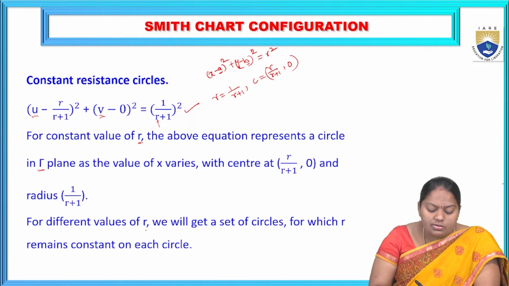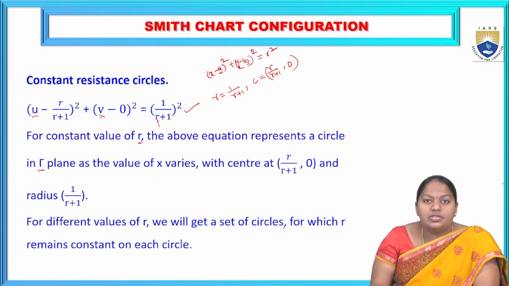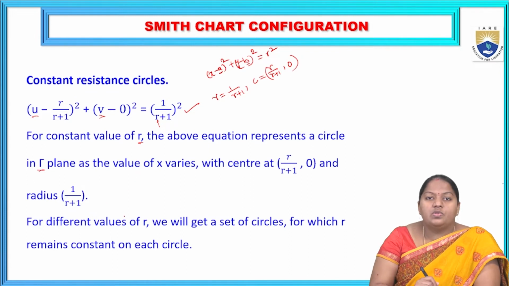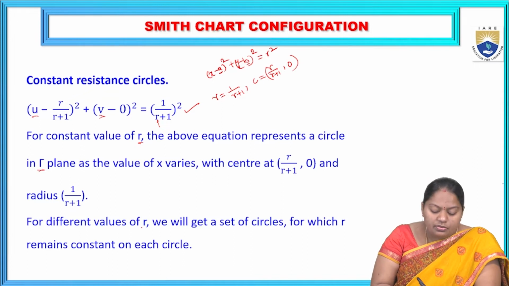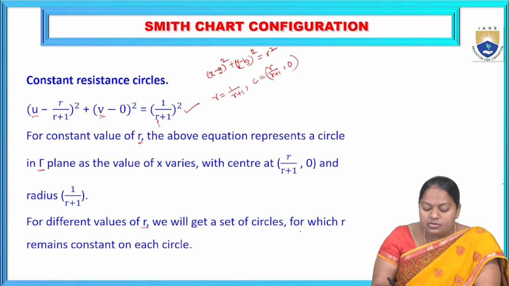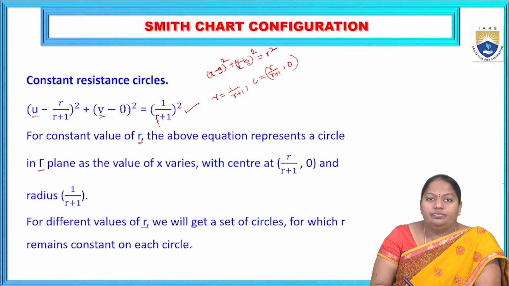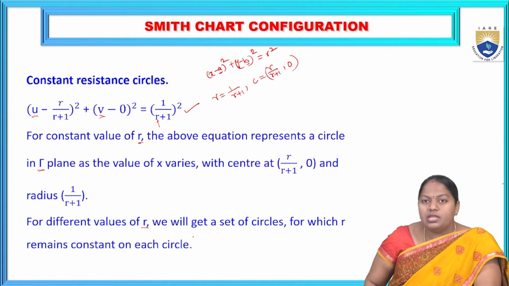So for different values of r, we get a set of circles for which r remains constant on each circle.